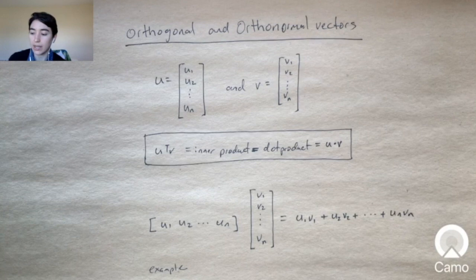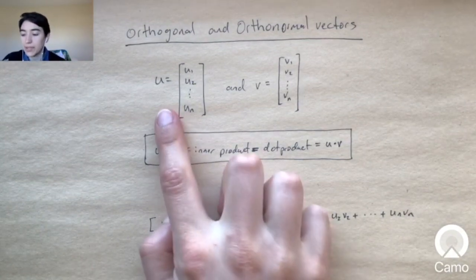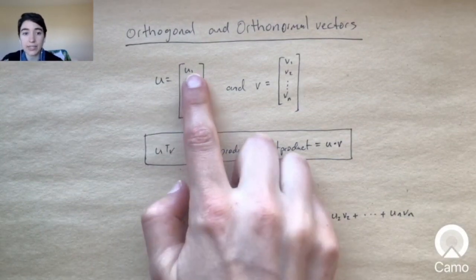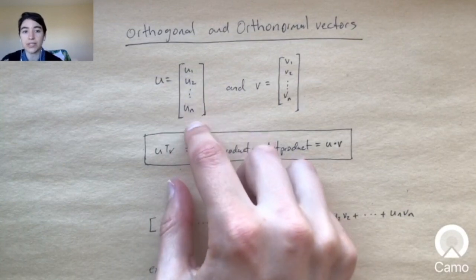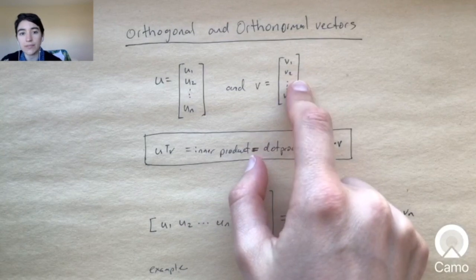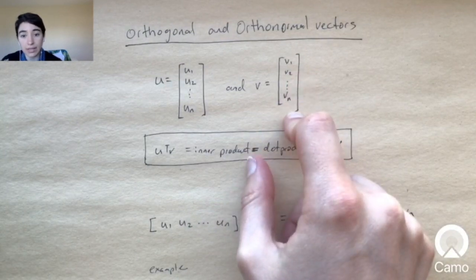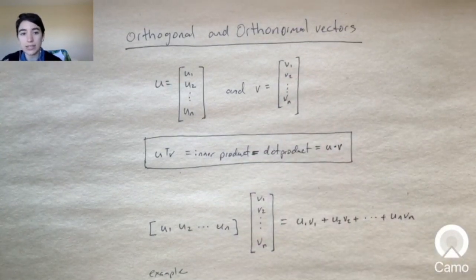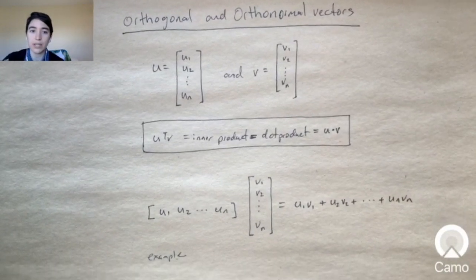So first, I'm just going to give you a couple of vectors. Right here, we have vector u, composed of u1, u2 onto un, and a vector v, v1, v2 onto vn.